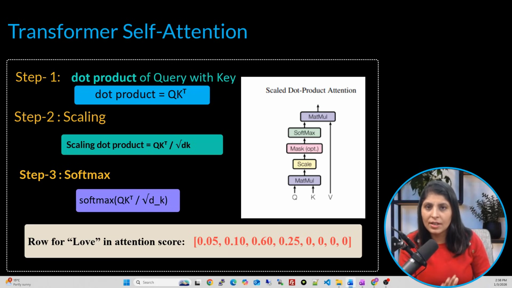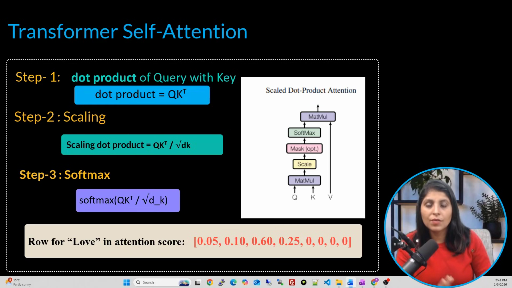So now we have attention weights. Like this we will calculate the attention weights for all the tokens. Till now we discussed query and key, and we performed the dot product on query and key, and we got the attention weights for all the tokens. Now the next step is that we use these attention weights with the value vectors. Again, right now I'm just giving you an overall idea.